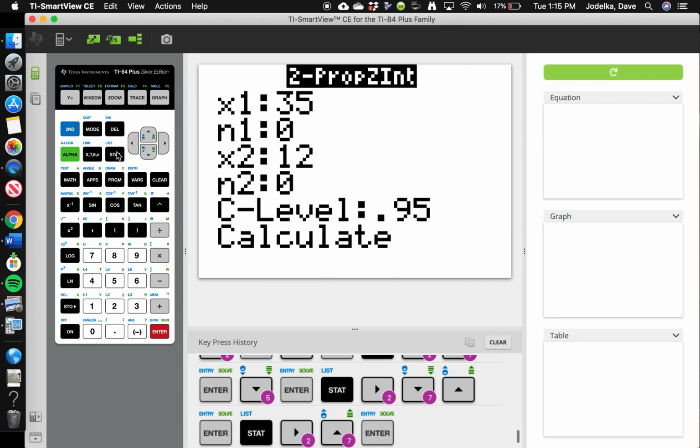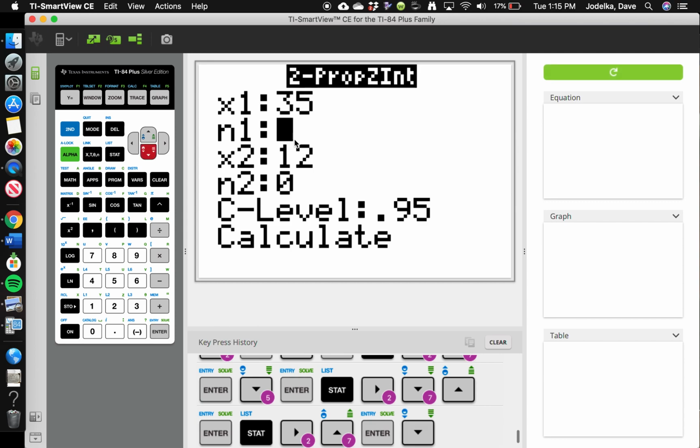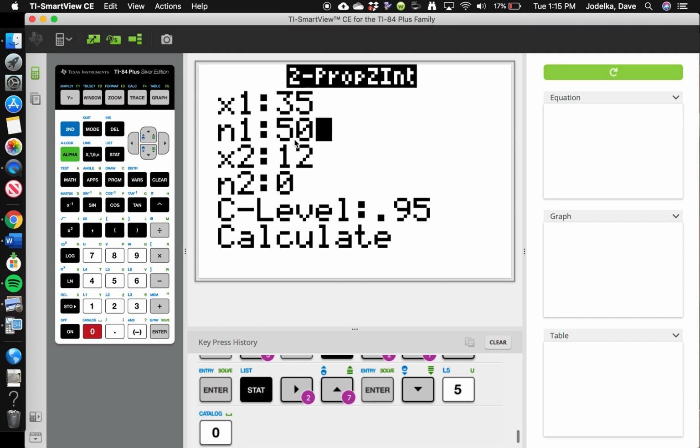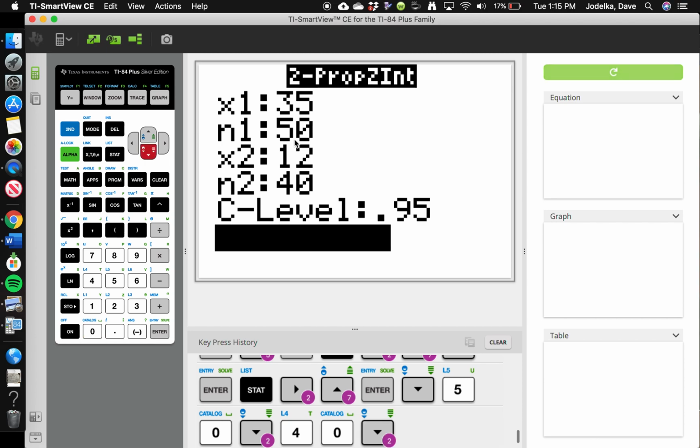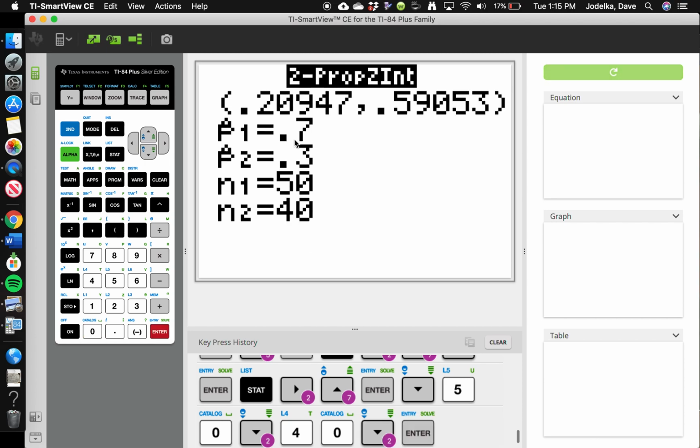Let's click here. So remember how we were talking about men and women in a group? Let's say it's 35 out of 50 and 12 out of 40, and we're trying to find a true answer here. This would be like saying the true difference in proportions between these two is around here.